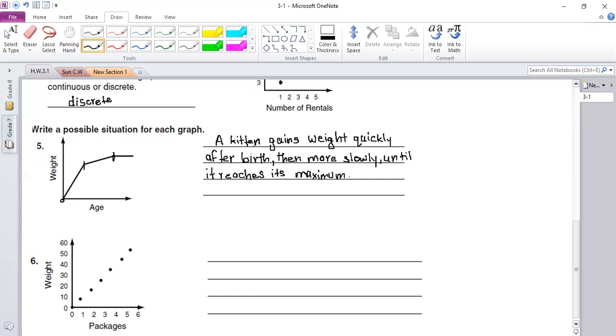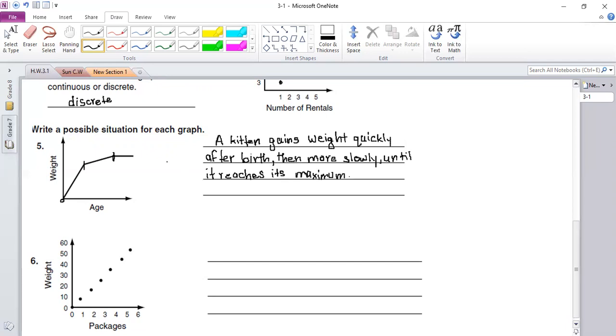Now, if you would have said it's a baby, you could say a baby gains weight quickly after birth, then more slowly, and then the weight remains constant for some age, because that's a baby. Now kitten, yes, they gain some weight for a certain time, but after that they don't. So until it reaches its maximum. After this, the kitten's weight is going to be the same until you feed it with more food.